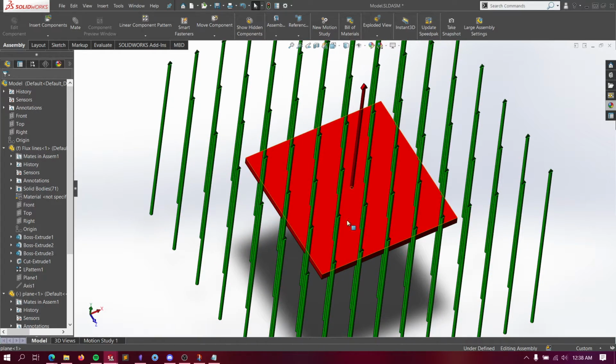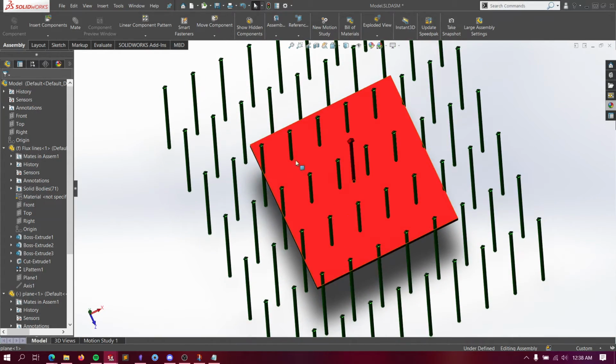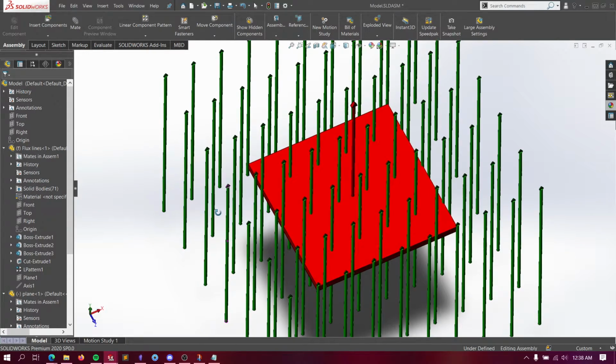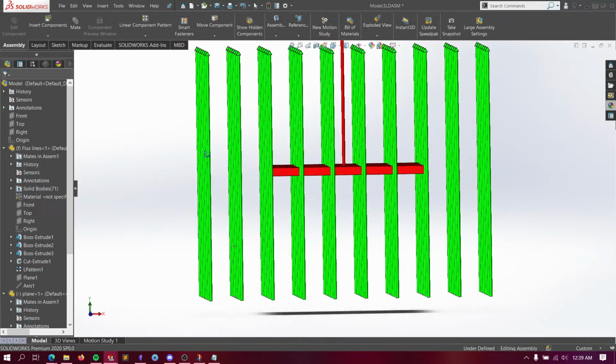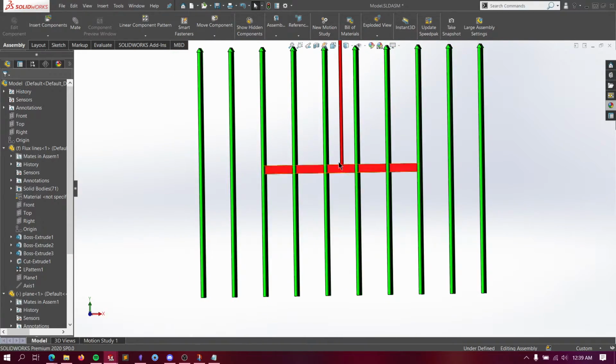We'll stick to that definition. Now, keeping in mind that the magnetic field is a vector, like I said, it has a magnitude and a direction. When the plane is perpendicular to the magnetic field, you can think of the plane as getting the full effects of the magnetic field.